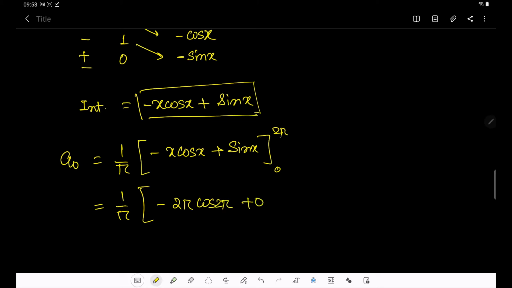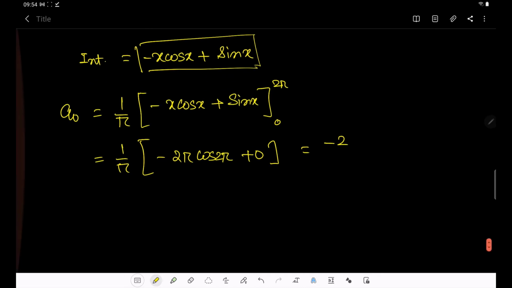Sin 2π is 0, and if we put 0 here, then 0 times cos 0 will be 0 and sin 0 is 0. So the value would be minus 2, because cos 2π is 1 and we divide minus 2π by π, so it will be minus 2.